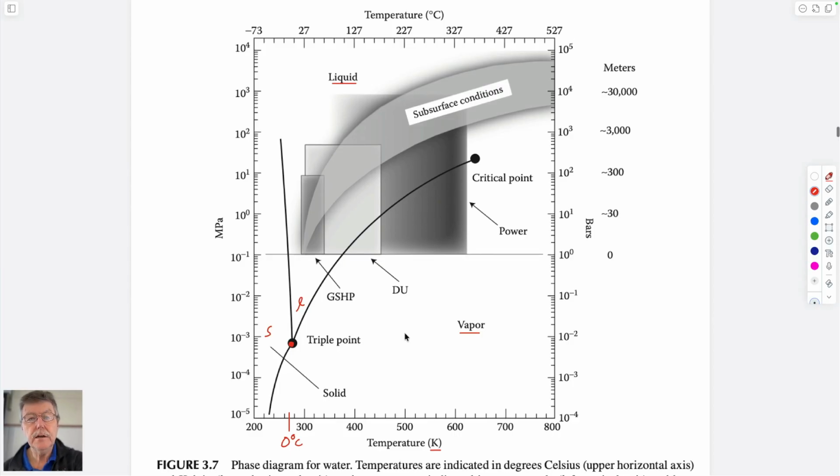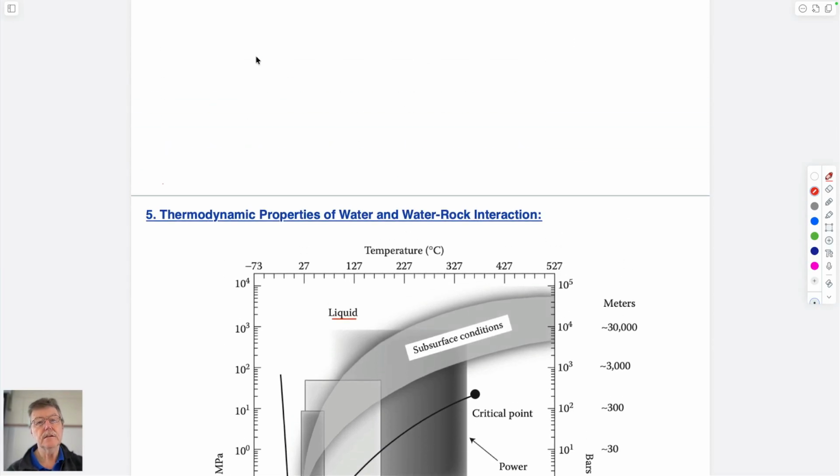So what we could do is we could take the crust, and we know that if we go down with depth and we look at the change in pressure, that pressure increases with depth, and that change in pressure is equal to P is equal to the unit weight of the material multiplied by its depth.